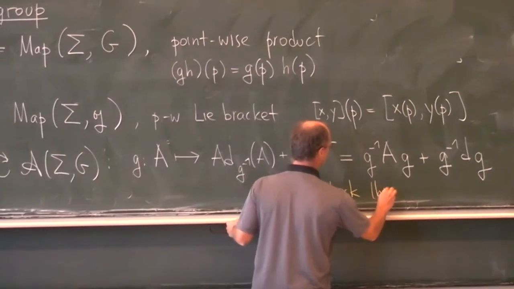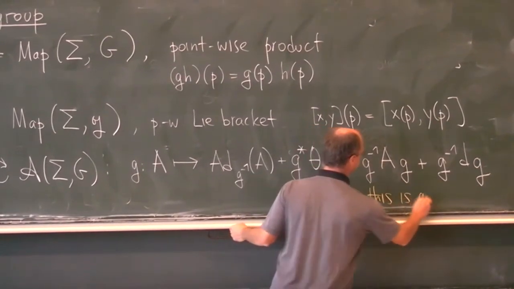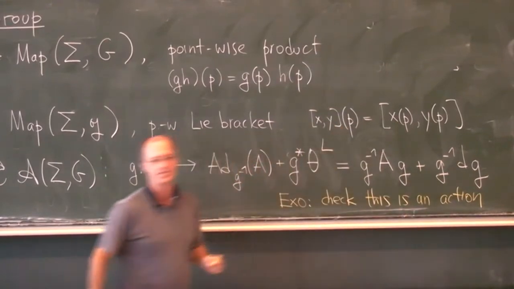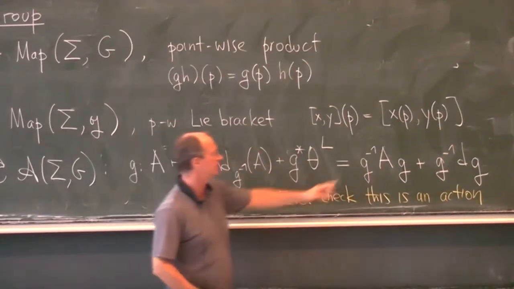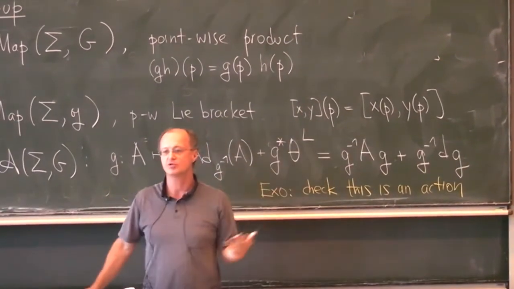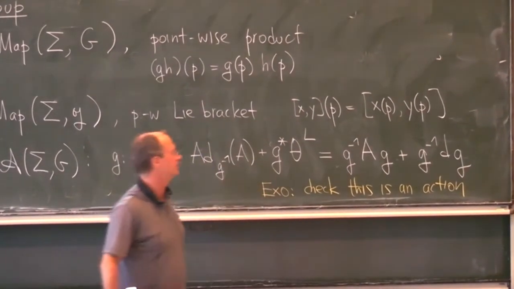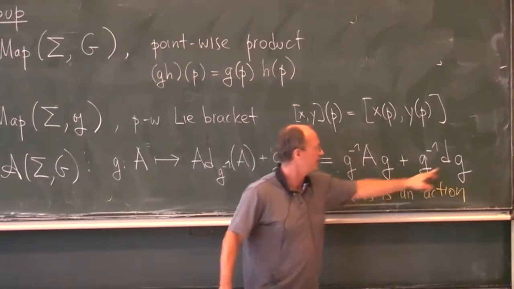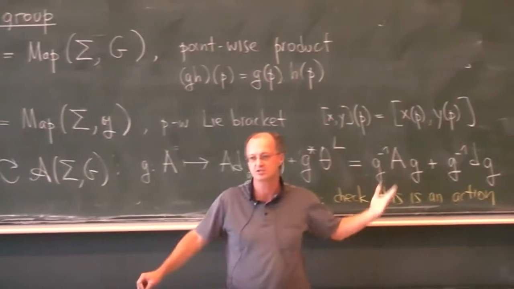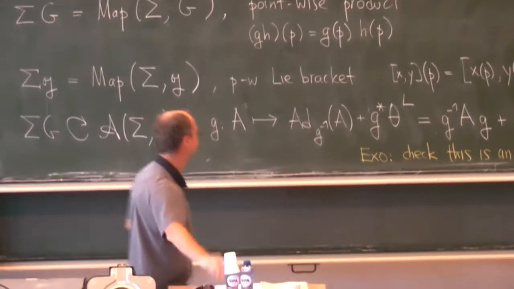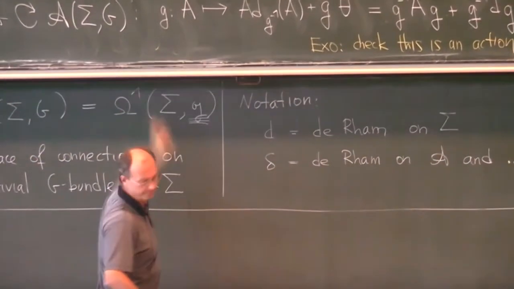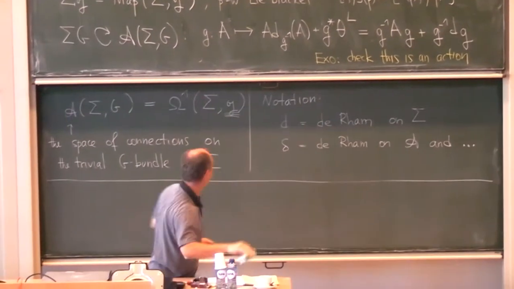Check that this is an action. It would be easy to believe that just a conjugation is an action, because a conjugation is what we know to be an action already at the group level. But then there is this funny piece. If you have never seen such a piece, then check that this is indeed an action.